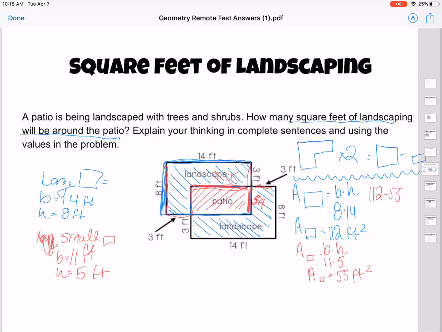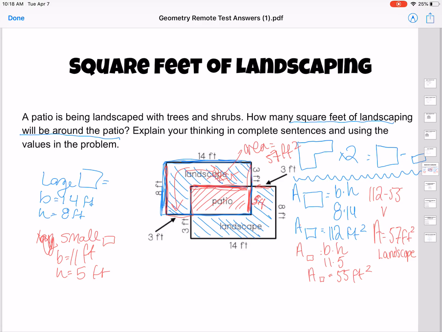So that's going to give you that L-shaped area, just the landscape, and that's going to give you an area of 57 square feet. So that's the area of landscape. All right, now we're almost there, because we have one landscape area up here, and I'll write that our area here is 57 square feet.